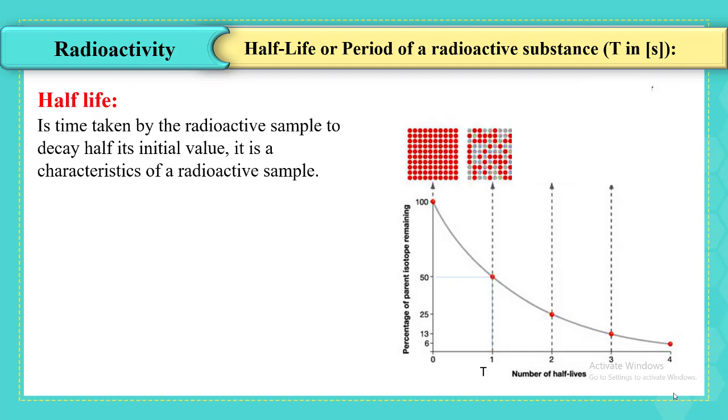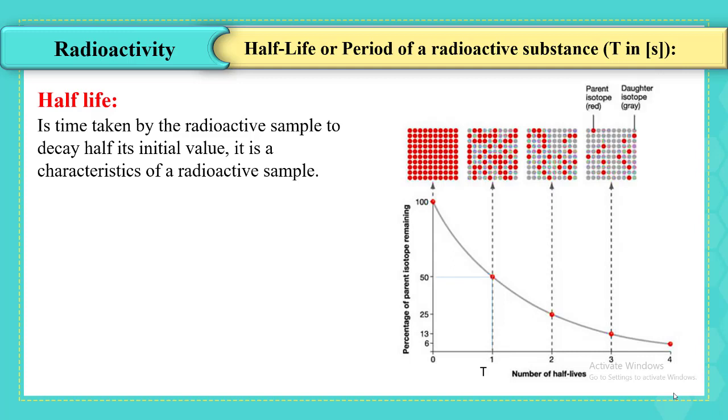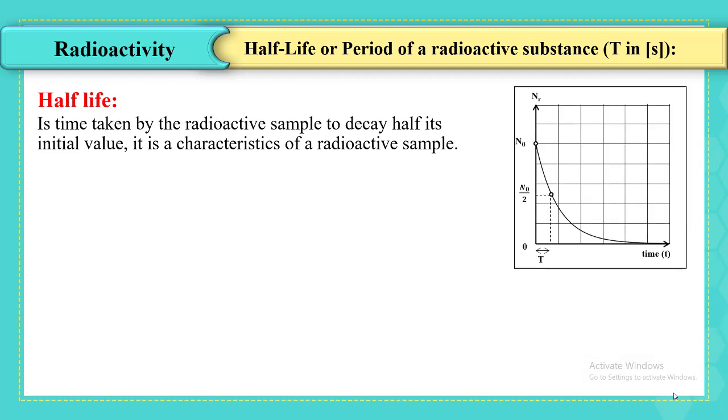We can see that after the first period, the initial amount is reduced to half. It was 100 and it becomes 50. And after another period, the quantity becomes 25. And after another period, the quantity becomes 12.5 and so on. To understand this concept more, let's discuss the following case.